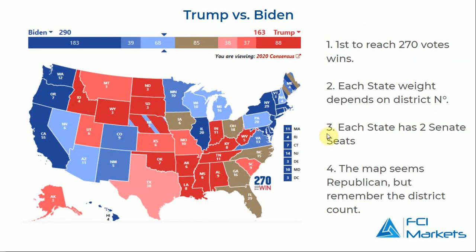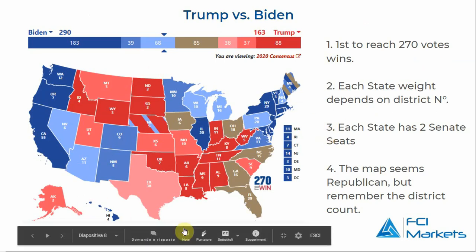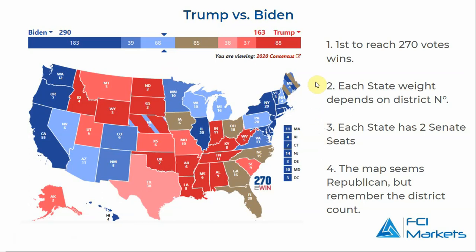However, when looking at the maps of how the states are divided, it would seem that there is a predominance of Republican states. However, what we need to know about the states in this election is that each state has a number of districts that are dependent on population density.